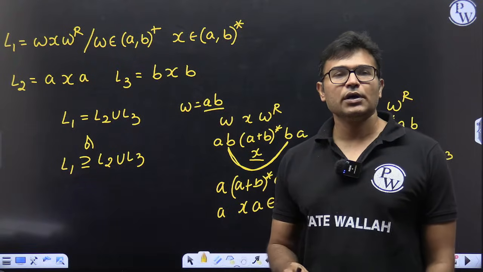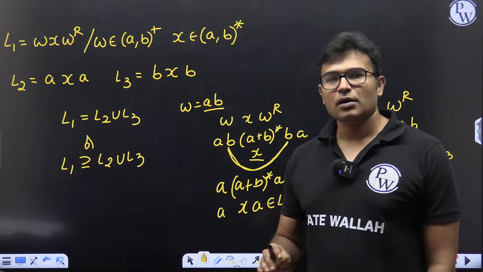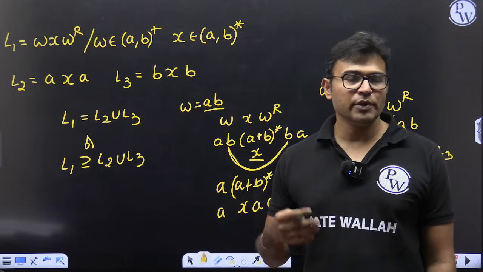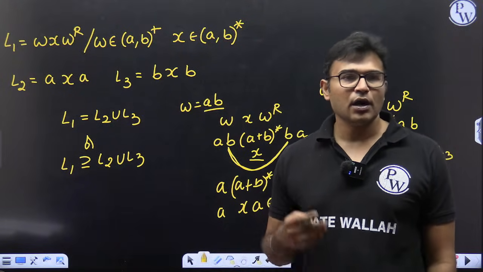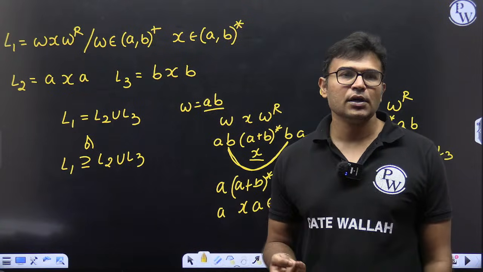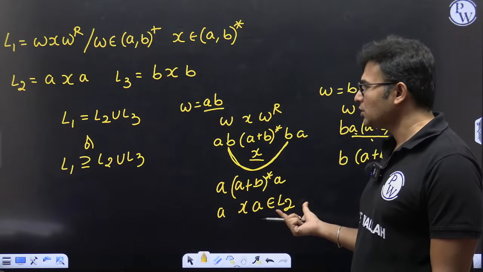Don't develop a specific method for every question. You should be able to follow one method for all the questions. That way, you will be able to answer the questions quickly. Otherwise, if you take question by question, then for every question you have to invent a method. So this method works for all the questions.